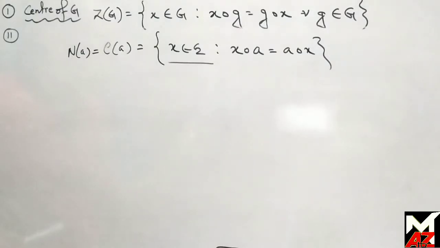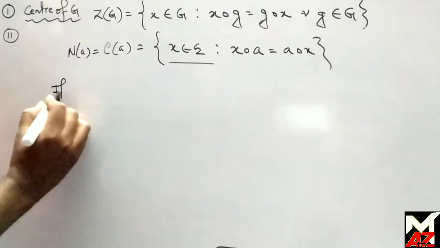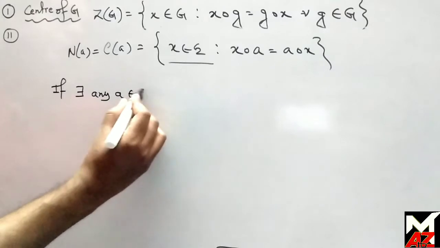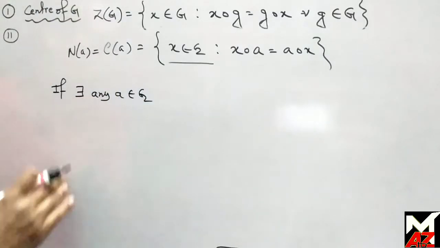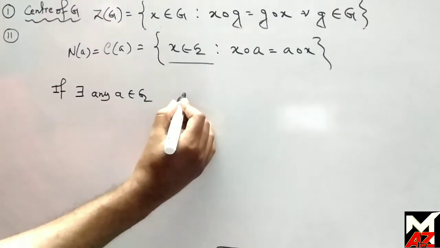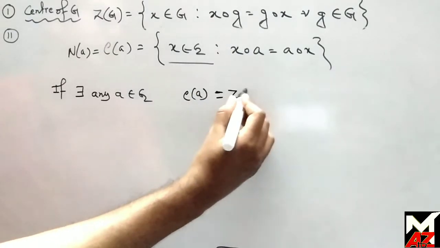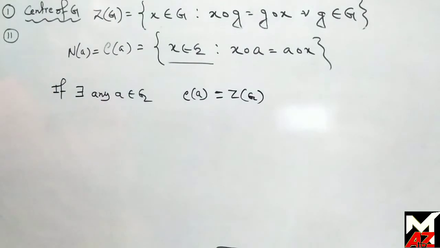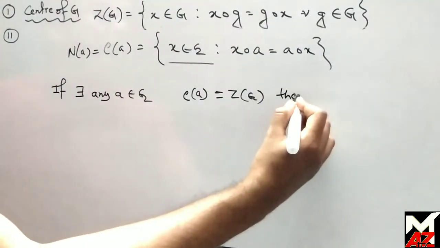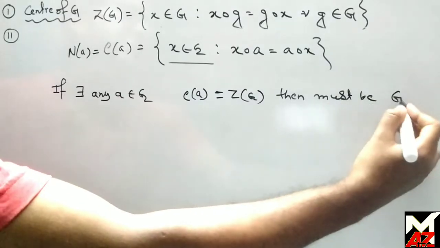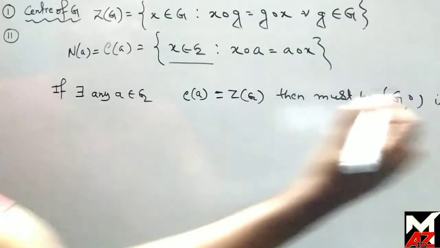It is important to see here, if there exists any A belongs to G for which C of A is equal to Z of G, then G must be abelian.